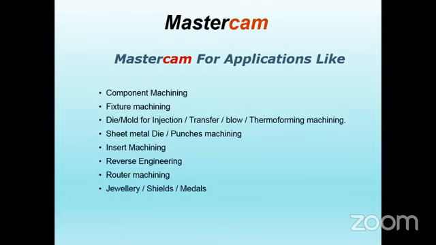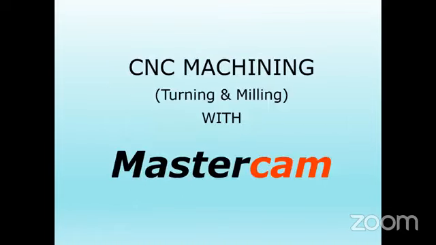Even Mastercam has developed some details regarding robots. So even robot programming can be done through Mastercam, in industrial robots to be specific, like painting robots. The main function of this software is to work with CNC machining. CNC machining includes both turning as well as milling.